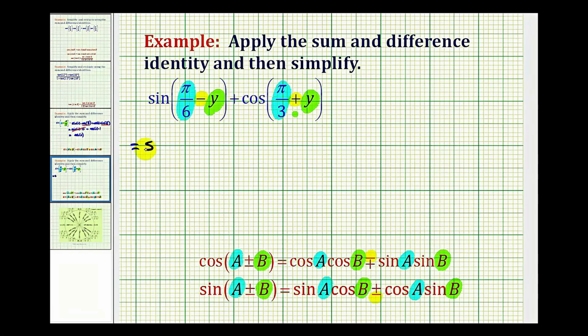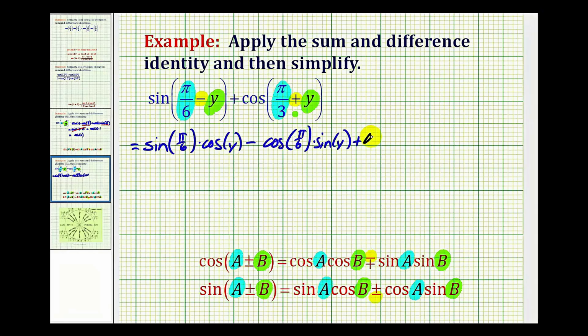We're going to have the sine of pi over 6 times the cosine of y minus cosine pi over 6 times the sine of y plus, now we'll apply the cosine identity.